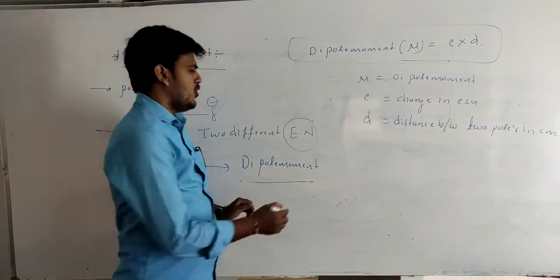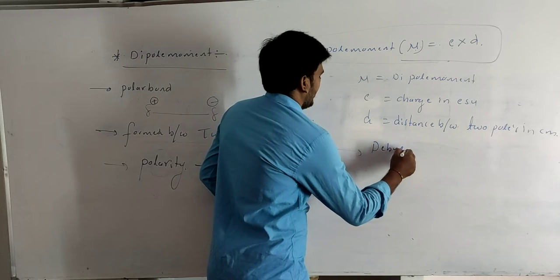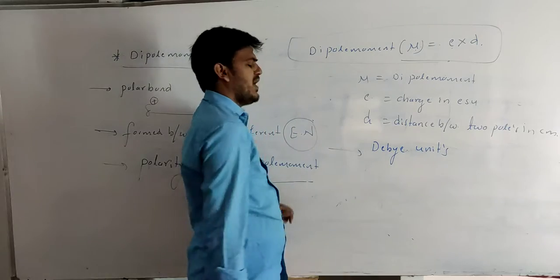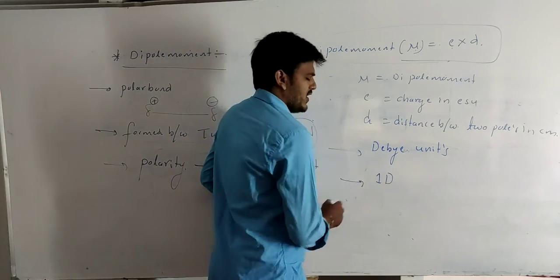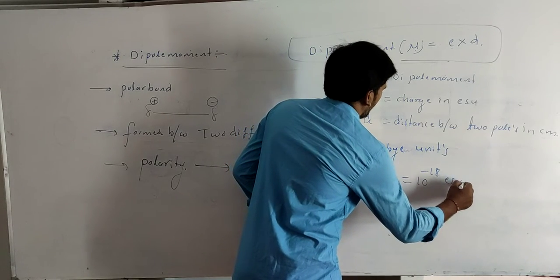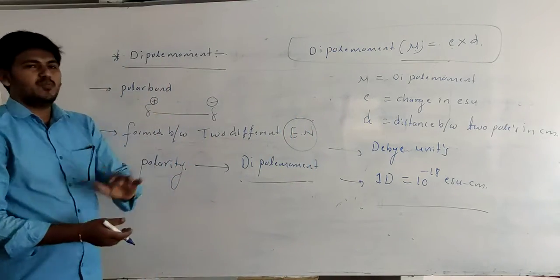And dipole moment is expressed in Debye units. One Debye unit is equal to 10 to the power of minus 18 electrostatic unit centimeters. So this is the dipole moment definition.